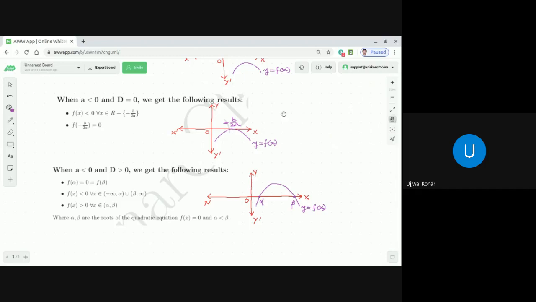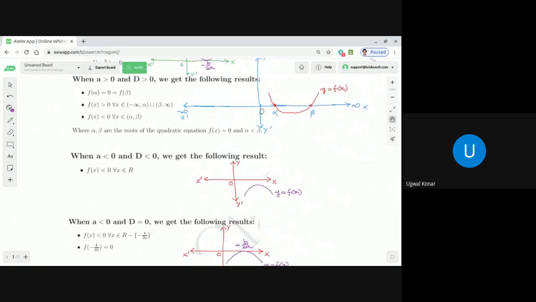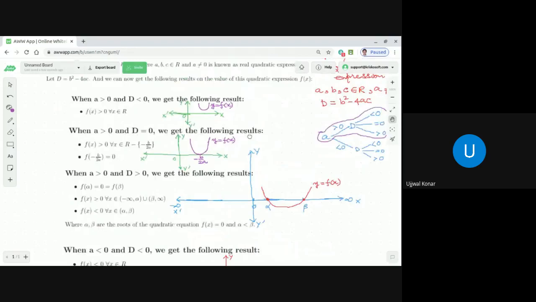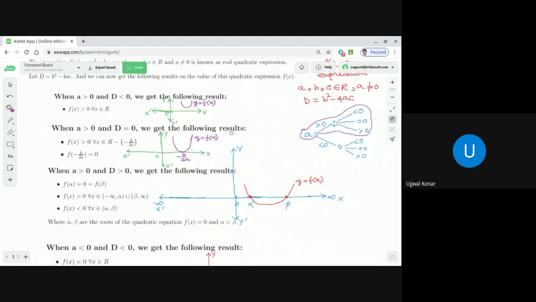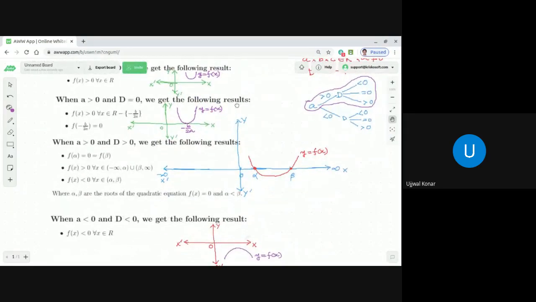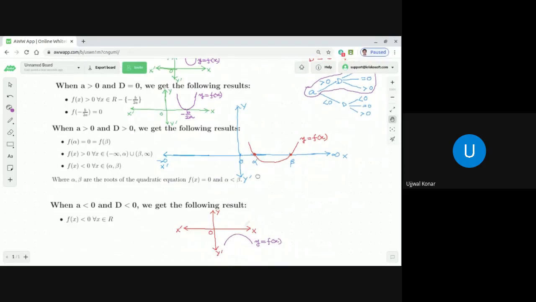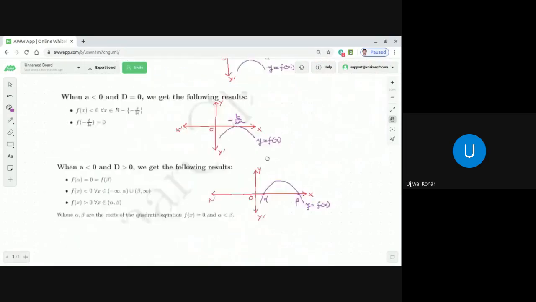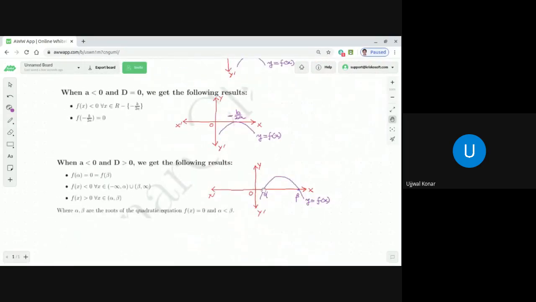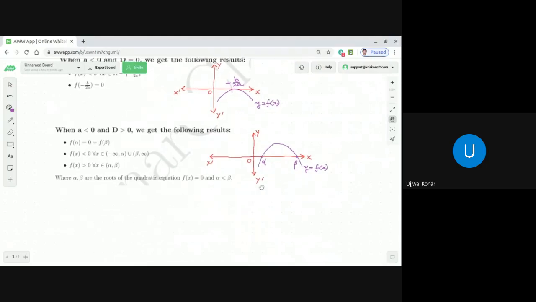You need to remember this and the visual representation also, but as far as the inequalities are concerned, you need to memorize them so that you can apply them accordingly. And as I repeat, when we discuss coordinate geometry, all these things will again come into the picture. Correct, dear students? So this is all about the inequalities with the quadratic expression.